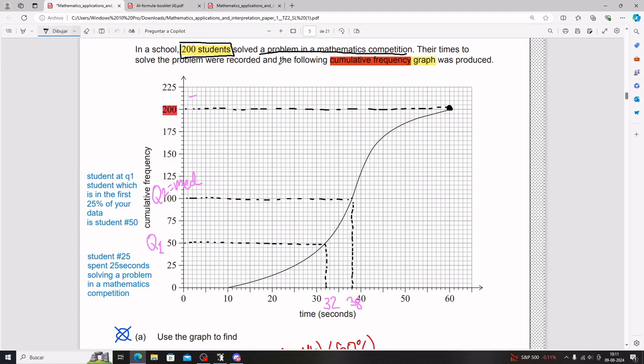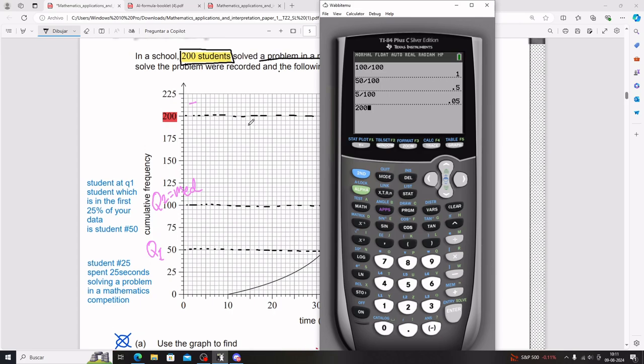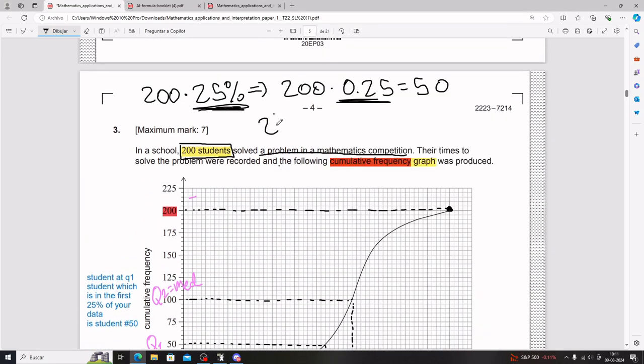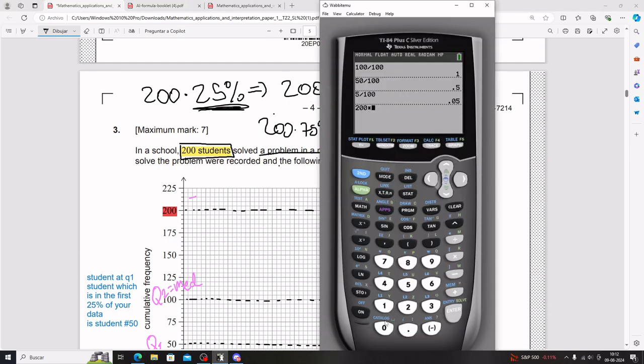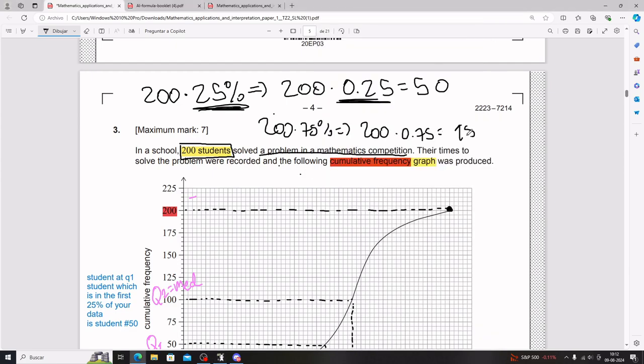And then Q3, well, let's find out. So Q3 would have to be 200 because I have 200 students times 75%, right? So 200 times 75% is the same as 200 converting to a decimal times 0.75. See? So that will give me 0.75, bada bing, bada boom, 150. All right, cool.